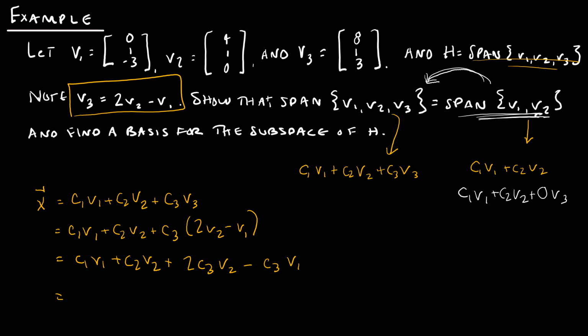So I can rearrange and have (c1 minus c3) v1, and then for v2, I've got (c2 plus 2c3) v2. So what does that tell me? Well, that tells me that X belongs to span v1, v2.